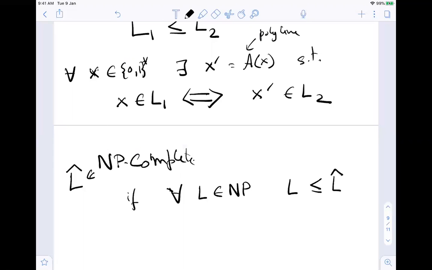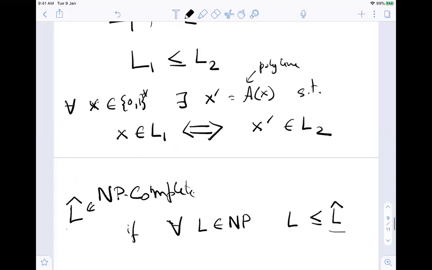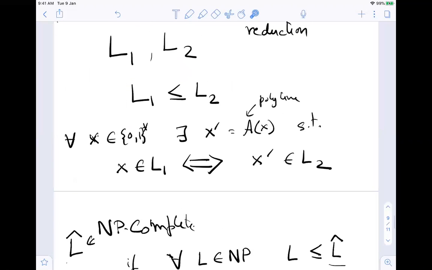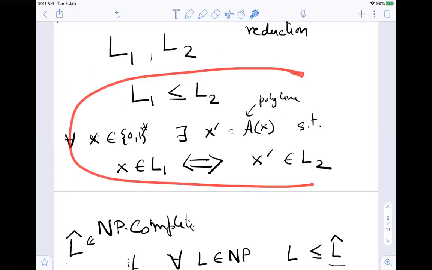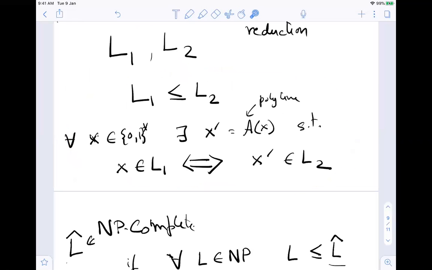That means this is a problem that is harder than L. This basically says that if you want me to solve whether x is in L1, I will give you a problem L2 and say go and solve that. If you can solve L2, I am done.